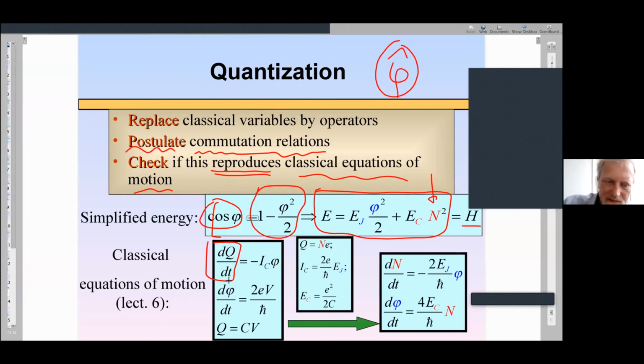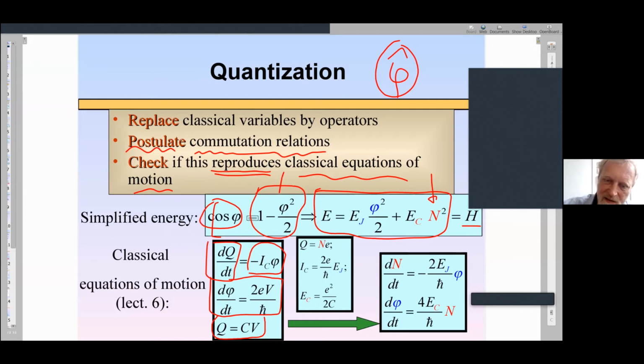And not to forget, there is a relation between charge on the capacitor and voltage on the capacitor. All right, I combine those two. And then for these classical equations, I would like to use some fancy quantum notations.